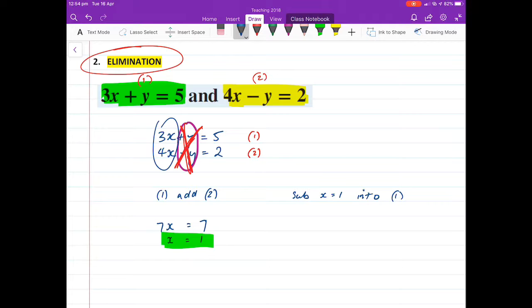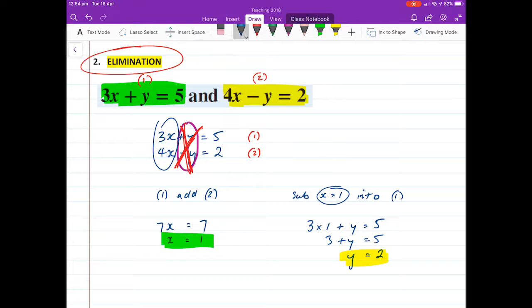So instead of saying 3 lots of x, we're going to go 3 lots of 1 because we just found out that x equals 1, plus y equals 5. Now simplify that a little bit: 3 plus y equals 5. We're going to subtract the 3 from both sides to be left with y equals 2. What you've got here now is the second part to your solution.